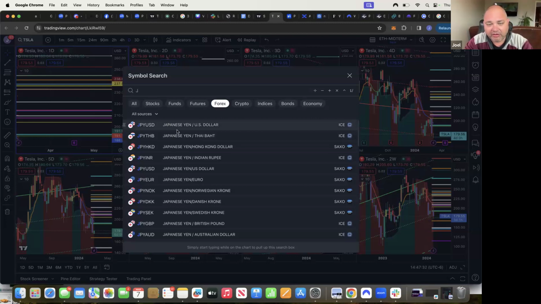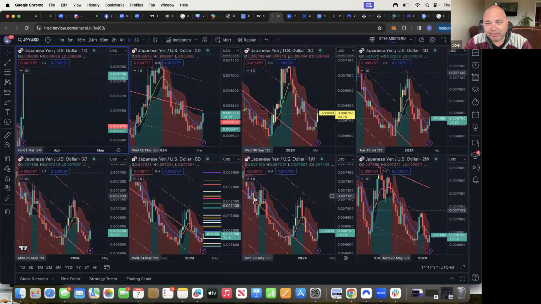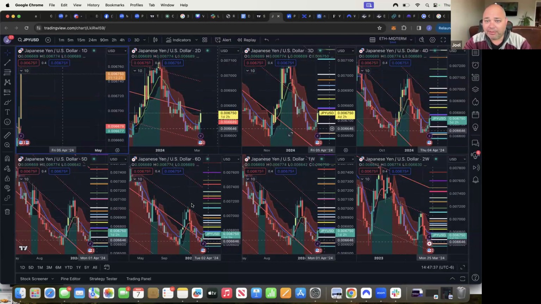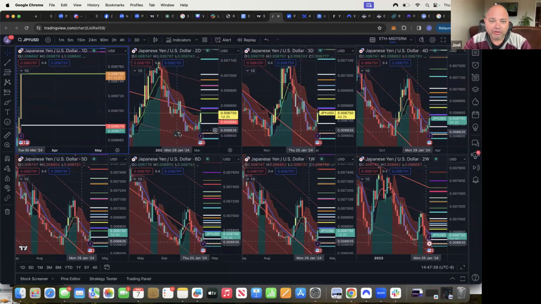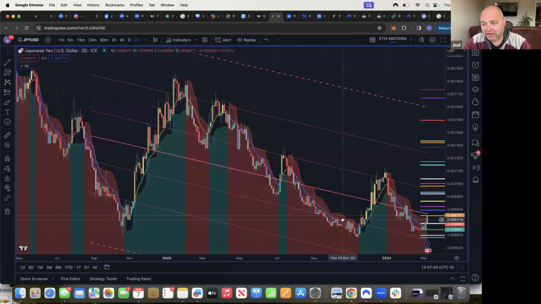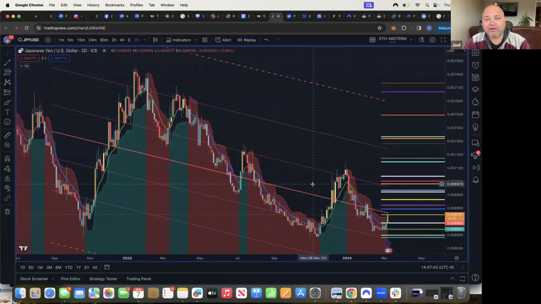Japan US dollar. I don't trade crypto, but I know a lot of people that do. And on these 1 day charts, they also are less volatile and less quick moving, in my opinion, than crypto, but still pretty crazy, less than traditional. But the data is all the same. The algorithms still work the same way.